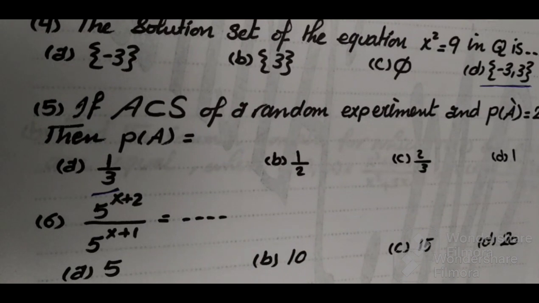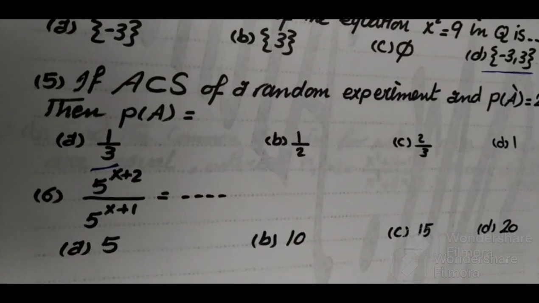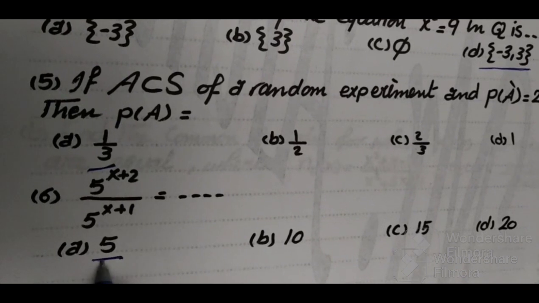Subtract the negative by all numbers in the bracket: x plus 2 negative x, negative multiplied by positive 1 is negative 1. X minus x is 0. 2 minus 1 equals 1. Then 5 power 1, then the choice is 5.